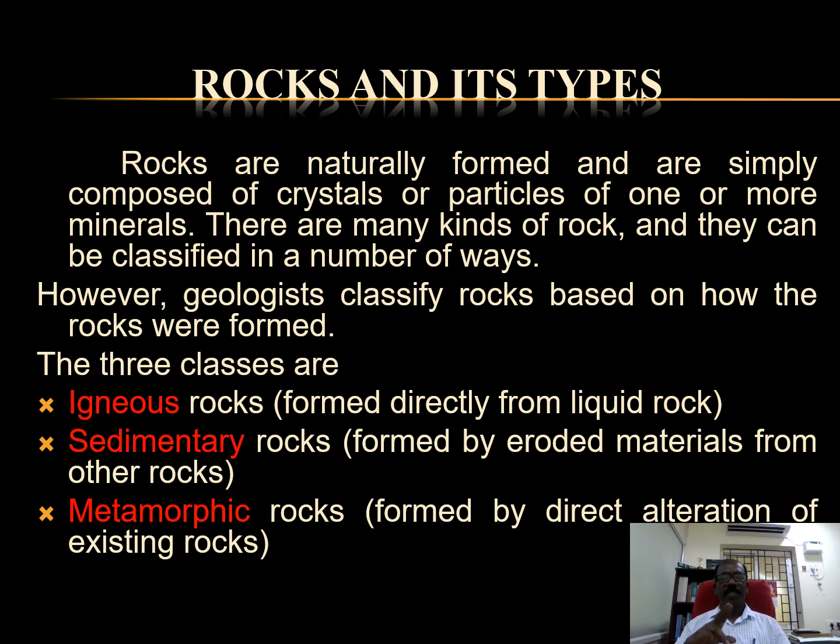However, geologists classify rocks based on how they are formed. So based on their formation, rocks are classified as igneous rocks, sedimentary rocks and metamorphic rocks. Let us see one by one how these rocks are formed and what the examples are.